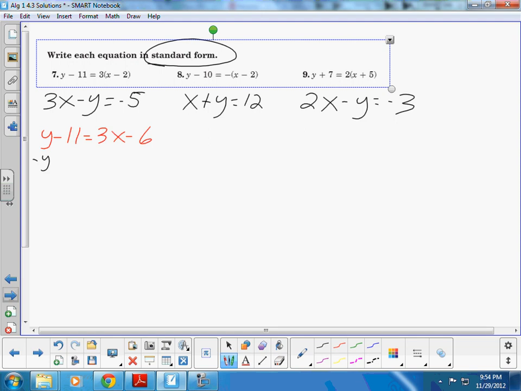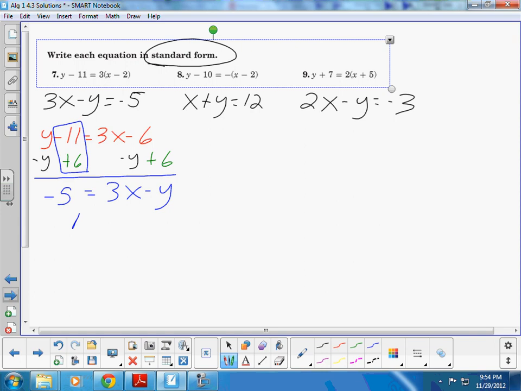I end up with the negative 11 plus 6 is a negative 5 equaling 3x minus y, and that is your answer.